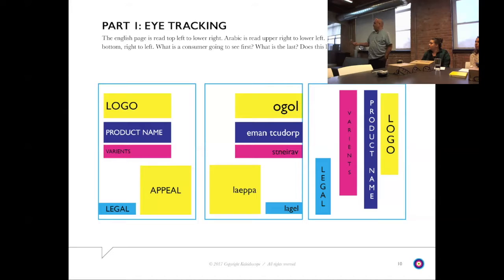On the one that I did, there was a logo, a product selling feature in the upper left, product name and variant in the middle, and then the flavor in the lower right. In the English language, you read a page upper left to lower right. So, boom, it was one line. You could read all the information in about 1 second, looking at this package.